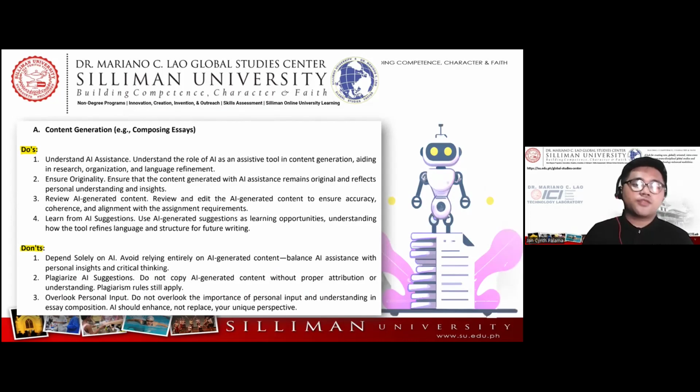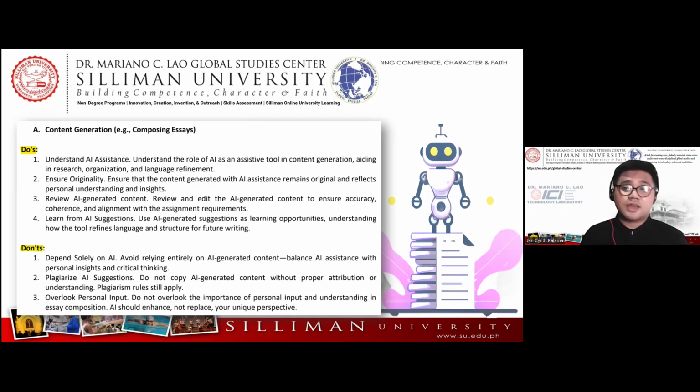In terms of content generation, say for example, composing an essay. Do's number one is to understand AI assistance. When using AI to generate ideas for your essay on a specific topic, I want you to recognize the tool.